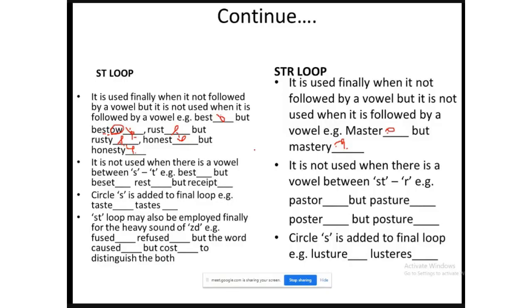Next, in ST loop, it is not used when there is a vowel between S and T. When S and T are combined, then it will be used as a loop.